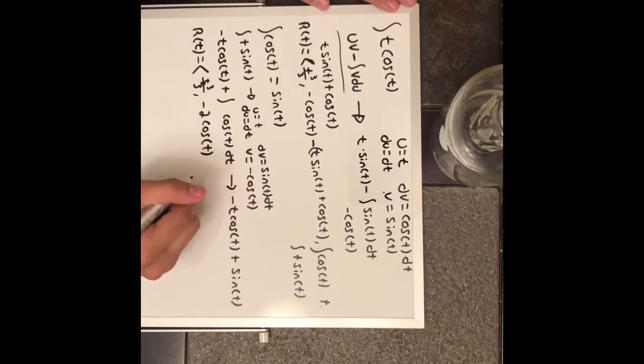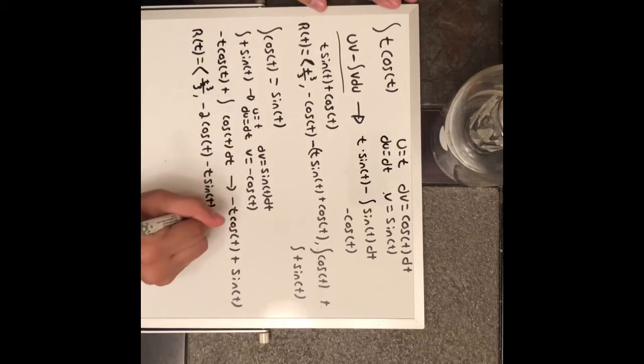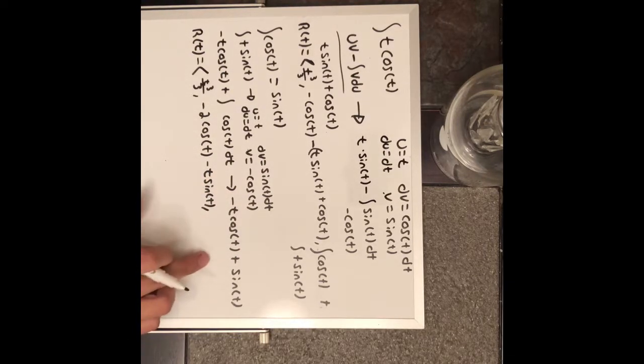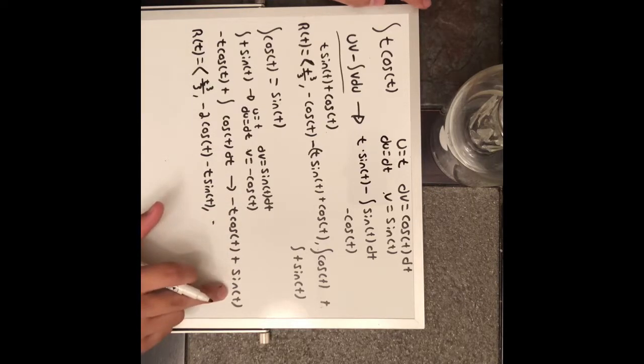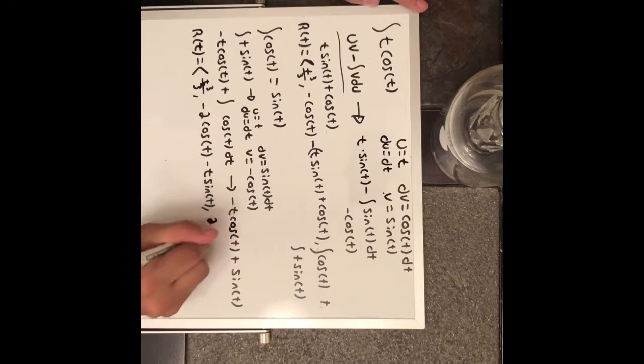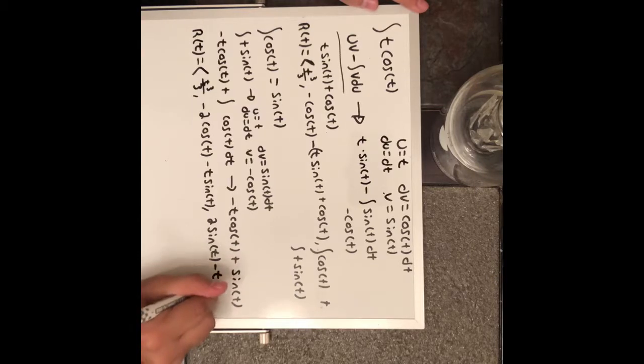Negative 2 cosine of t minus t sine t, comma, and we have our third vector value, which we solved for, which is sine of t. We also have another sine of t here. We can make this 2 sine t minus t cosine of t.